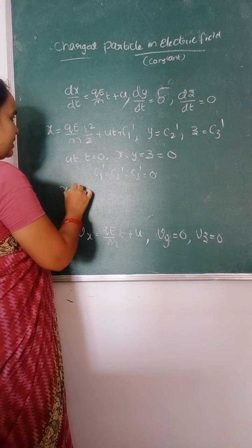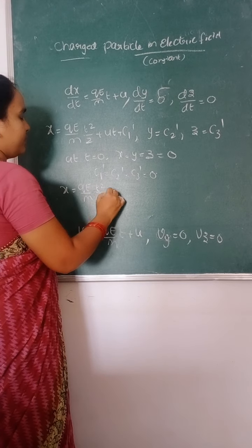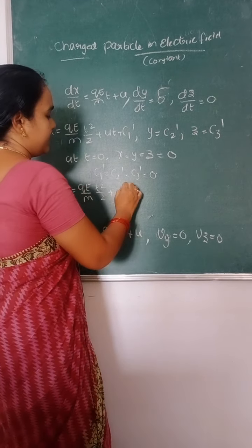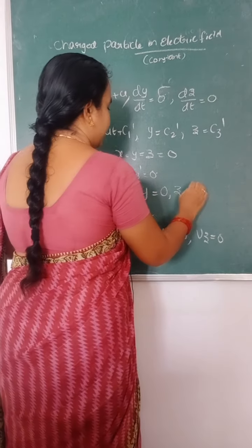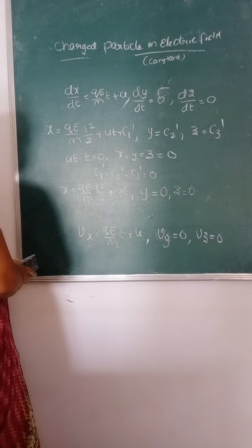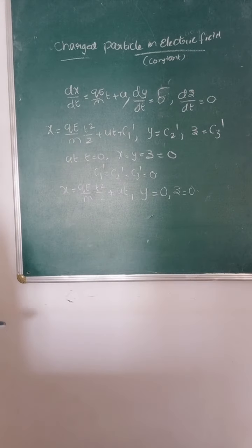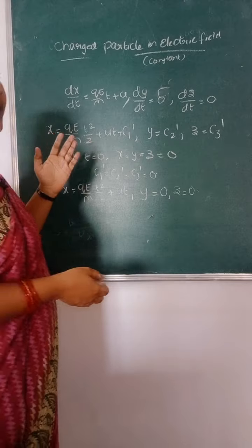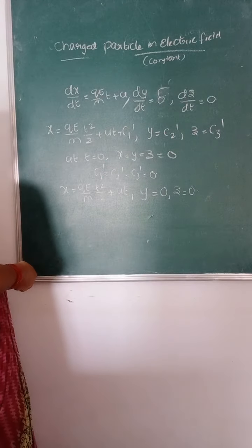Then x is equal to QE by M into t square by 2 plus ut, and y is equal to 0 and z is equal to 0. This is regarding when the electric field is applied longitudinally, that is along the direction of the charged particle.